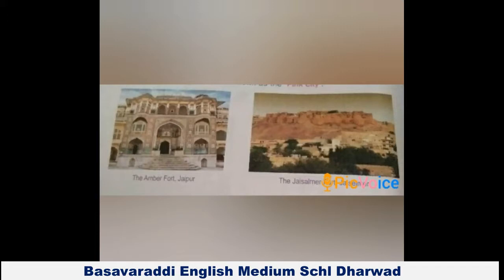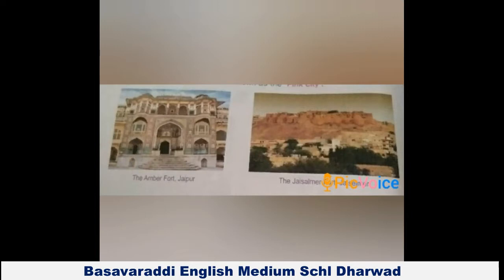Jaipur, Jaisalmer, Bikaner, Jodhpur, these are the interesting places of Rajasthan. Jaipur is also known as the Pink City.